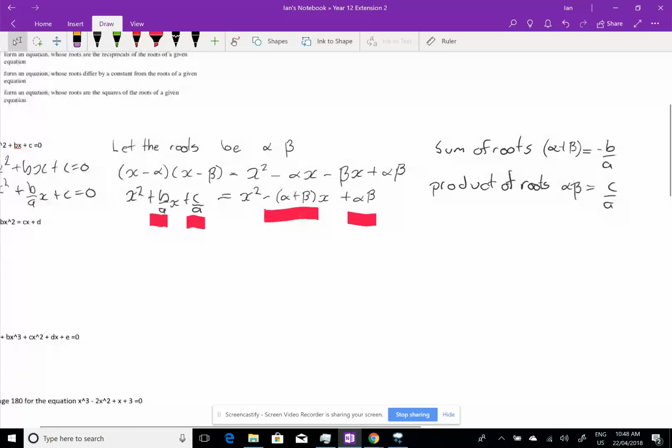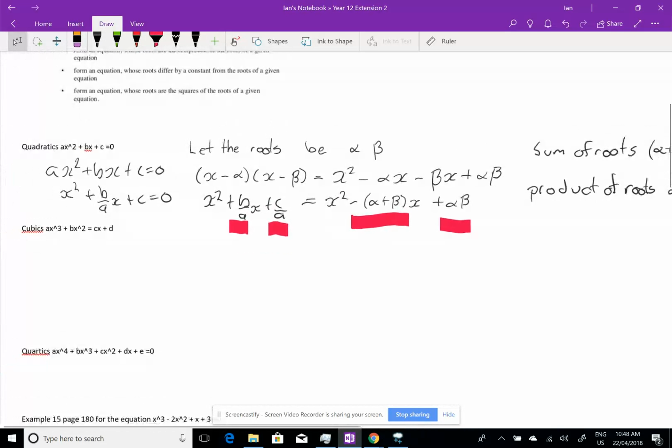Now, you already know we can expand this. So for a cubic, I'm not going to go through the expansion.